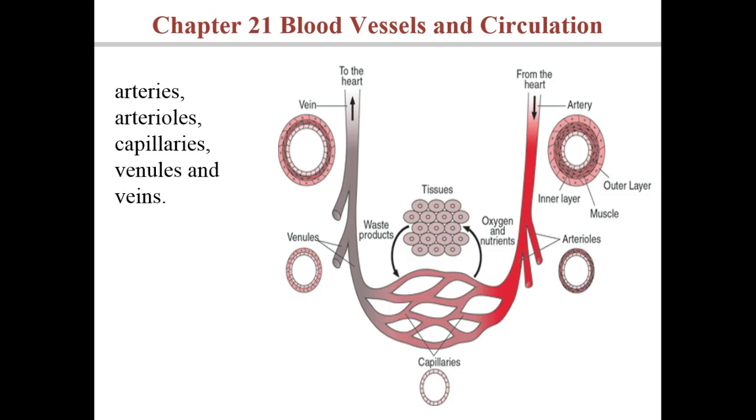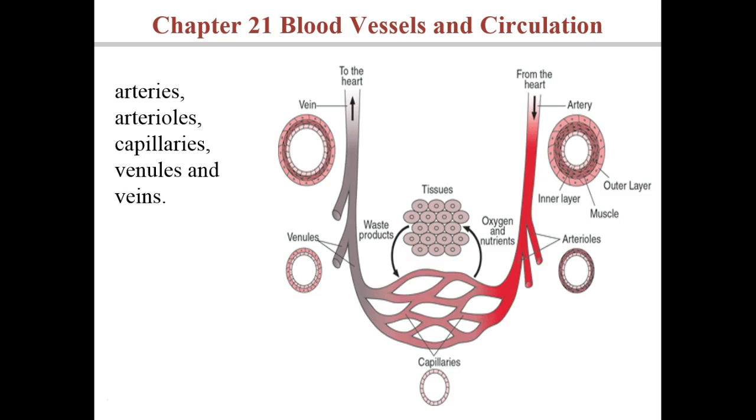And so in this image, you have from the heart, arteries into arterioles branching off into capillaries. Capillaries, that's where the interchange between tissues happens. And then you have venules and then veins. You also see the difference in size of the vessel wall.